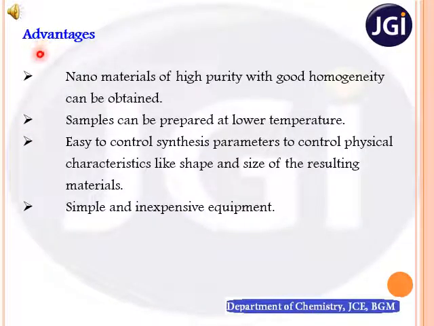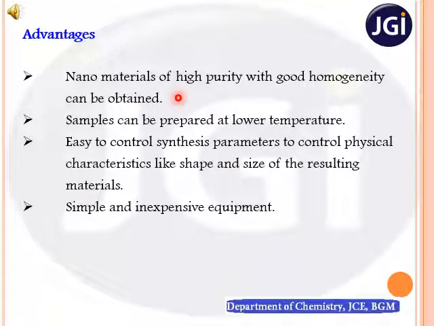Let us see the advantages of the sol-gel method. Nanomaterials of high purity with good homogeneity can be obtained. It means, as I said in the earlier case, by this method we will get monodispersed nanoparticles, that is, particles having almost the same size.